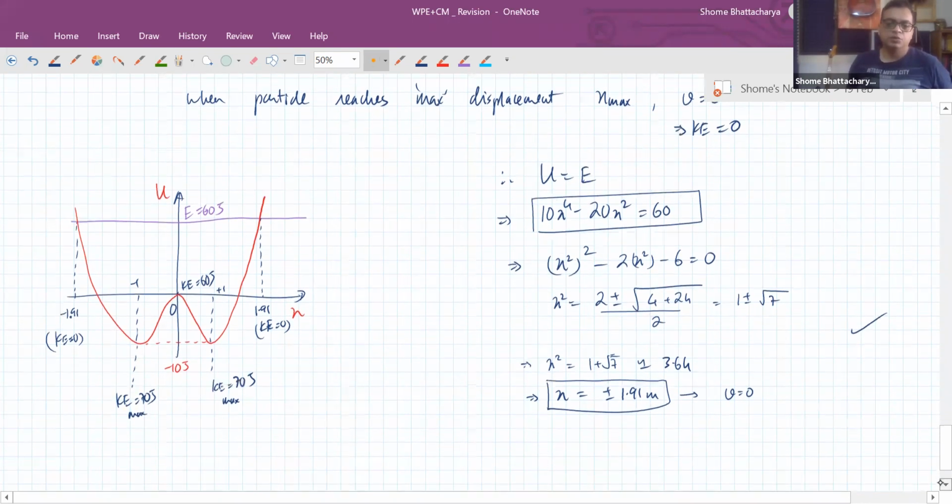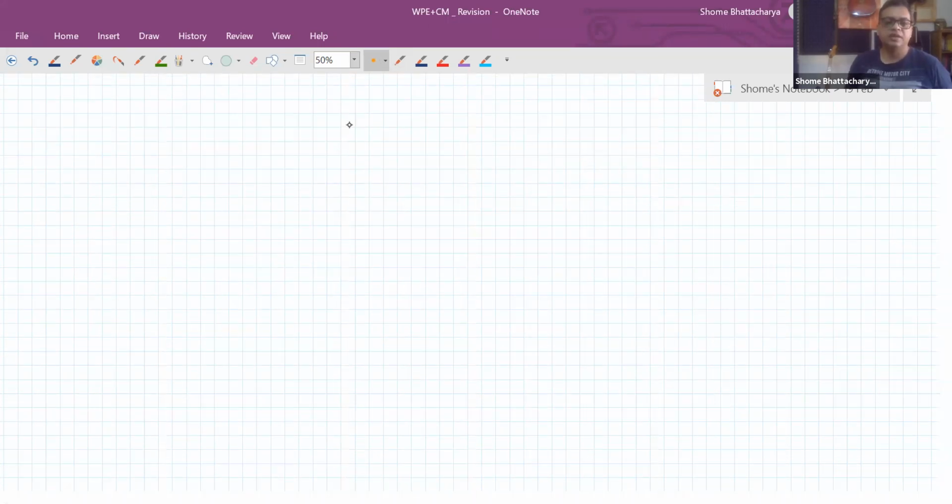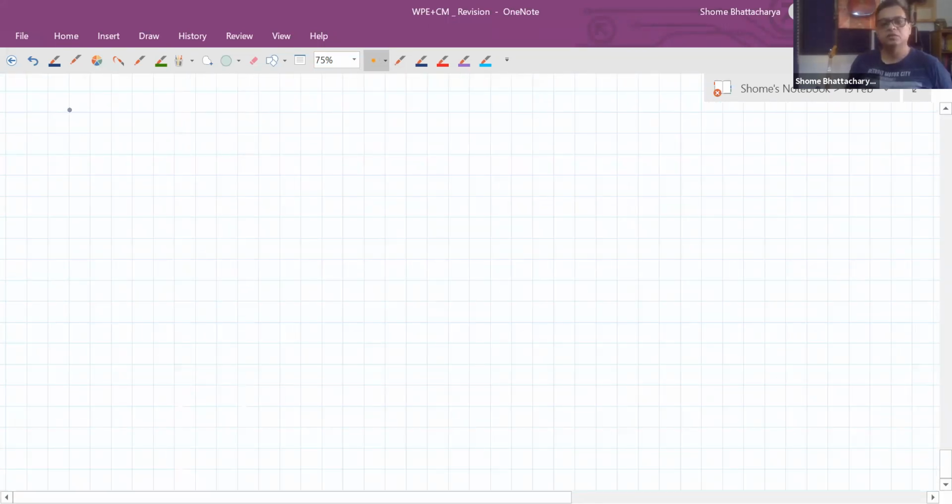Now from this we will move on to 2 and 3 dimensional situation of potential energy. So let's go to the general case.